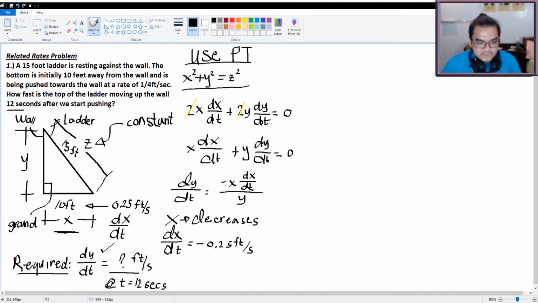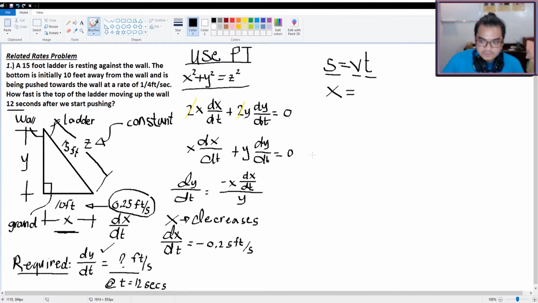But of course, what will the value of x now be? If you apply a little bit of physics here, we have the most basic formula, S equal to Vt. We have the distance, the velocity, and the time. The distance here will be x. So x must be equal to the velocity of x, which is 0.25.